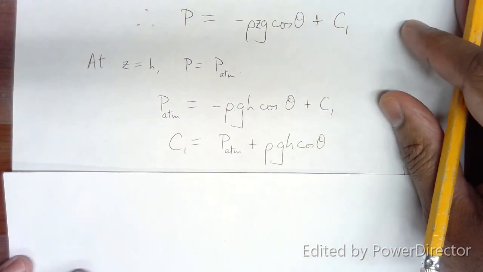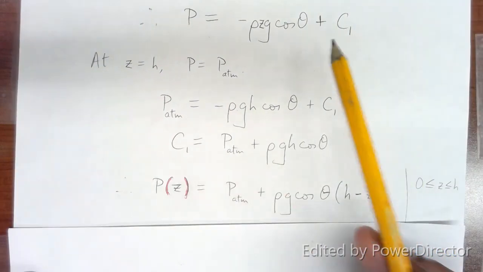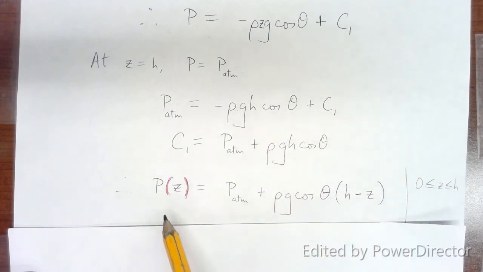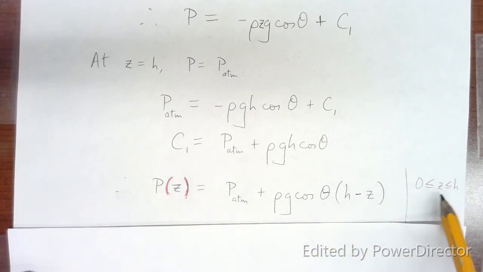With that in mind, we can plug back in for c1, and we get our full function for p as a function of z: p atmosphere plus this quantity, rho g cosine theta in brackets, times h minus z. And this was in the range z between 0 and h, so in the river.